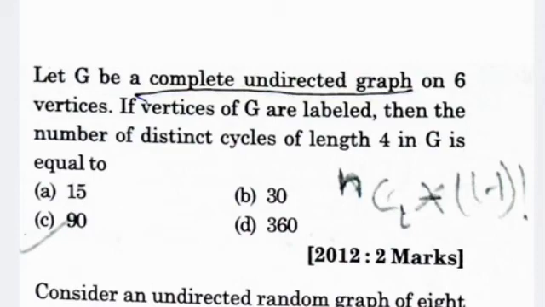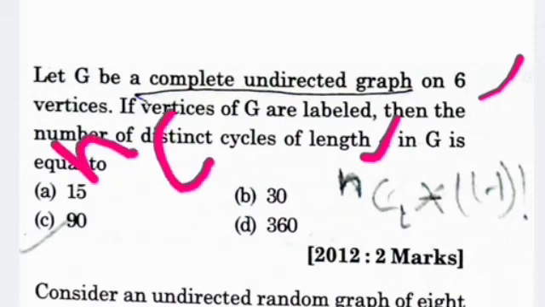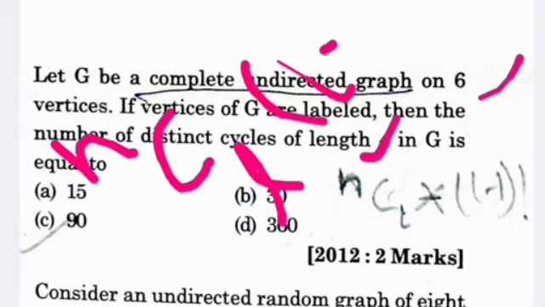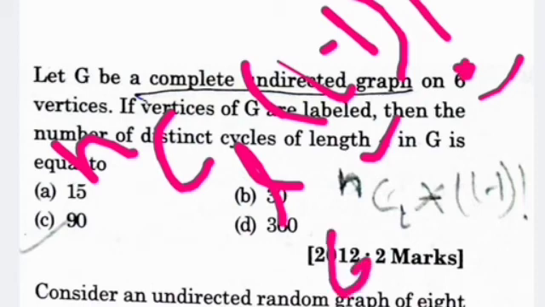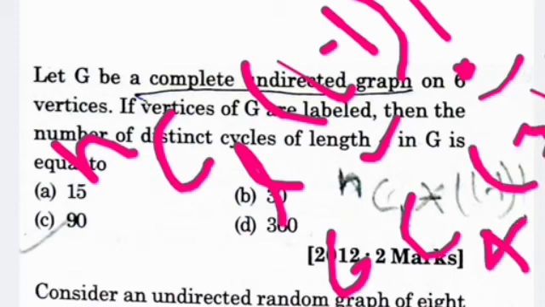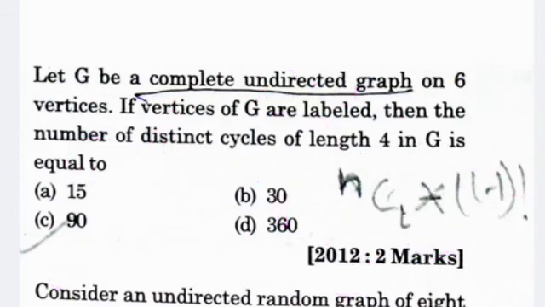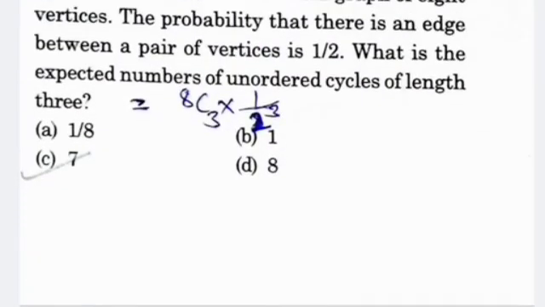Putting the values in the formula, with n vertices and length L, it is n choose L times (L minus 1) factorial. Here n is 6, so 6 choose 4 times 3 factorial. After solving this equation, we get option C, 90, as the correct answer. Now come to the next question.